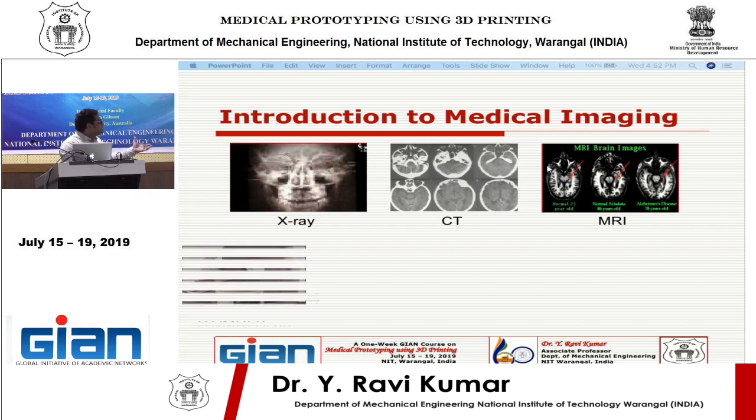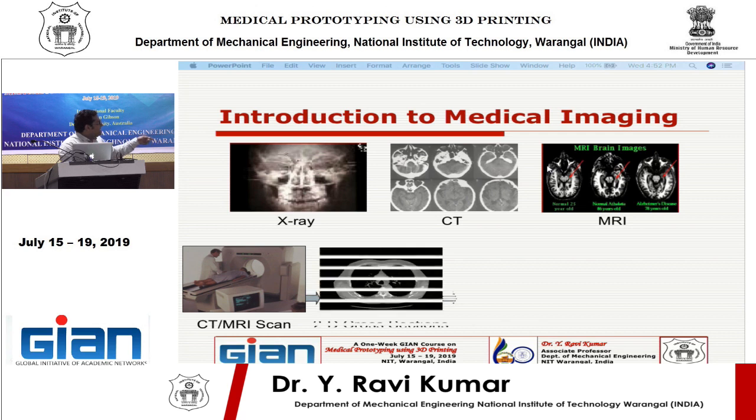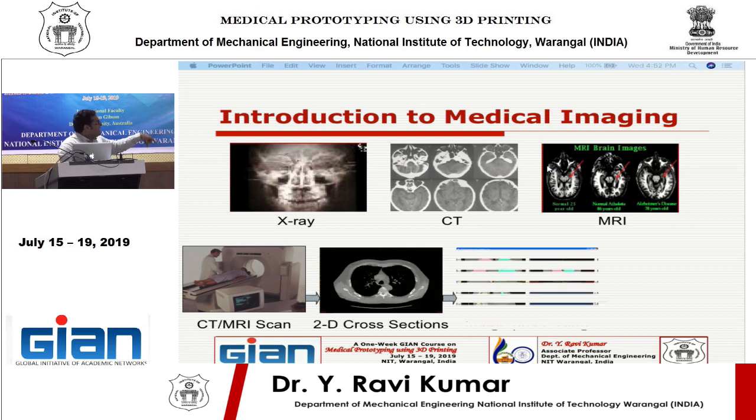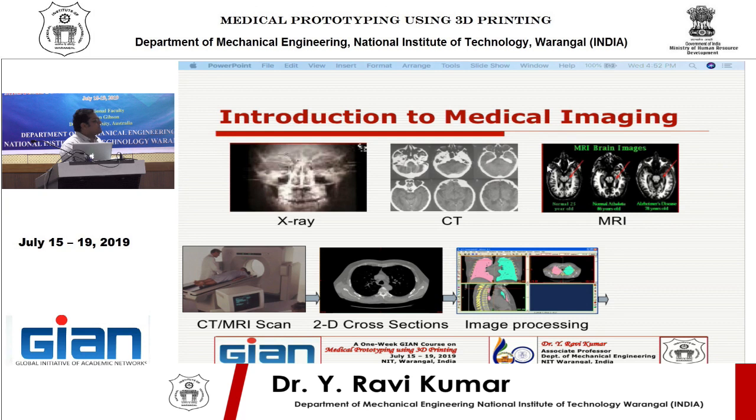Let's start with CT and MRI scans, which give 2D cross sections, and then you enhance the capabilities of black and white two-dimensional images into different regions of interest, different organs, different tissues. You can give different masks and different colors, so you can easily distinguish them.